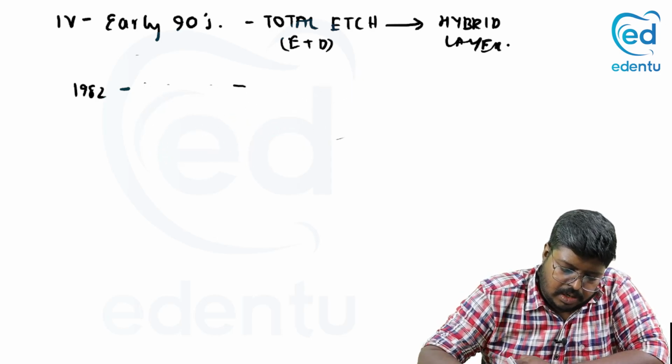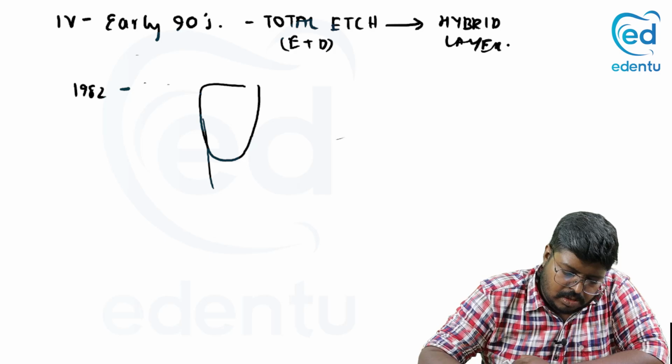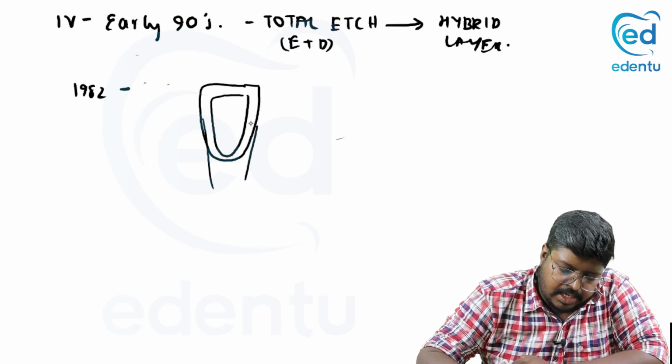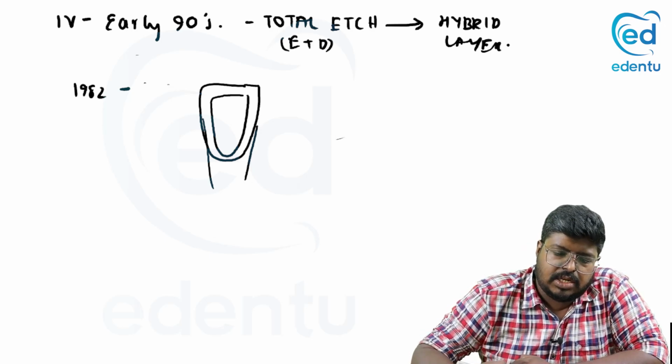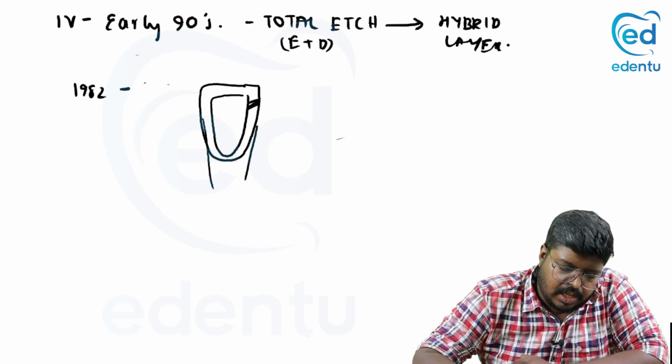So, in a tooth like this, you have the enamel, dentin, and cementum. When I etch this, I would etch the enamel, I would etch the dentin, and sometimes I had to etch the cementum also.